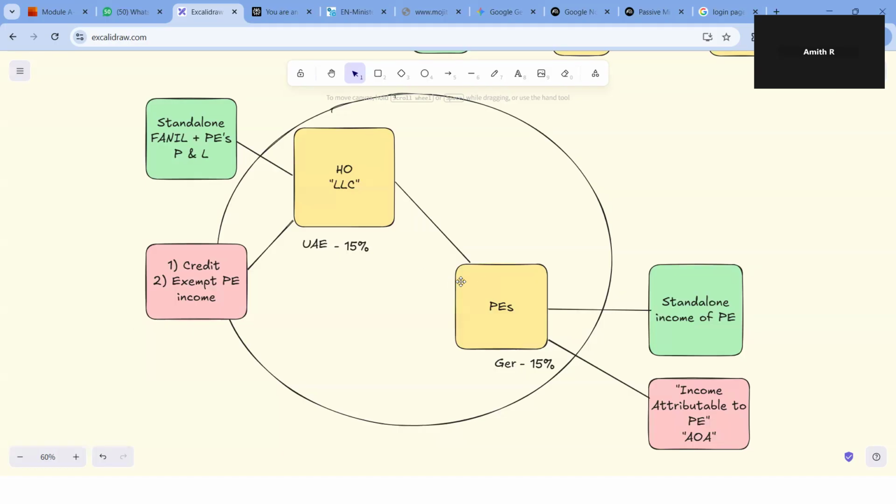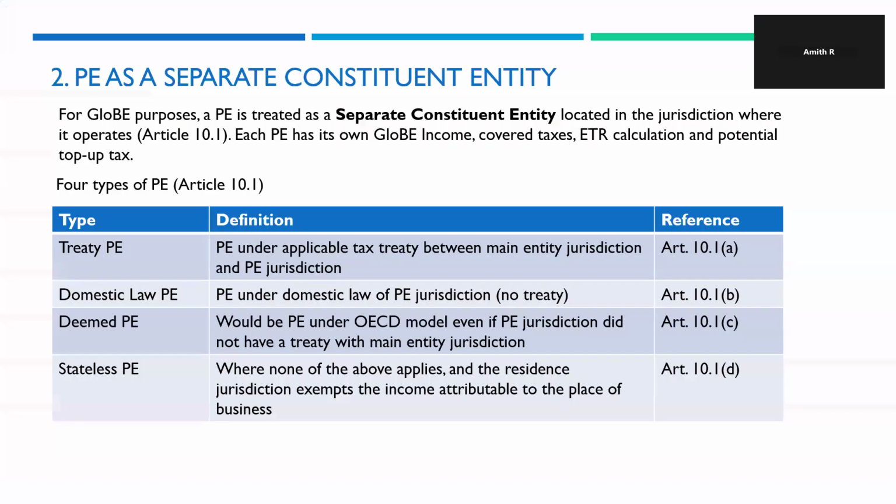Deemed PE. Now let's say that domestic law says it is not a PE, and there is no treaty between these two countries either. But you have to see the OECD Model Convention, the model format, not the signed agreement. If under Article 5 of the Model Convention this setup is a PE, then it is called a deemed PE. It would be a PE under the OECD model even if the PE jurisdiction did not have a treaty with the main entity jurisdiction.